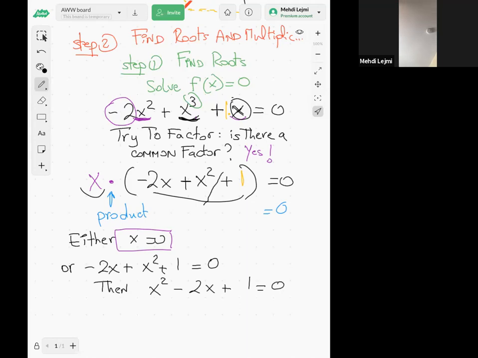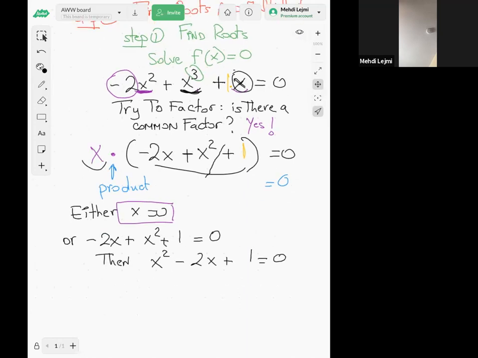The solution is going to be x equals minus b, so minus negative 2, plus or minus the square root of b squared, that's 4, minus 4 times a, 1, times c, 1, over 2a, 2 times 1, right?